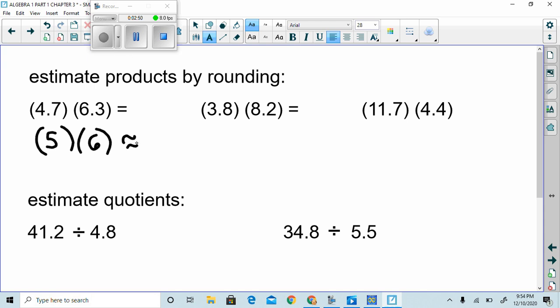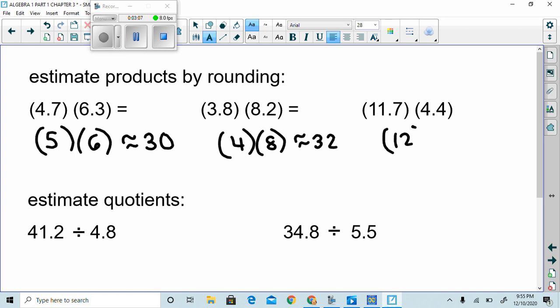It's approximately equal to 30. Second problem, we'll round to 4 and 8, approximately 32. In my last problem, rounding to the nearest whole number will give me 12 times 4, approximately 48.